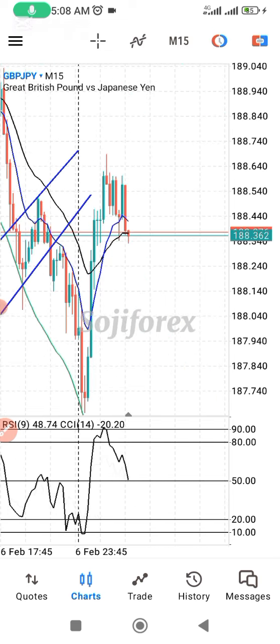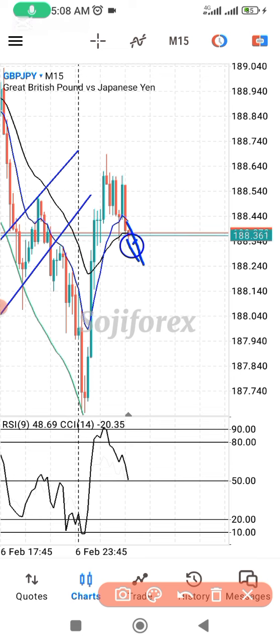So you can see this. Even in this scenario, if this particular formation now closes below this moving average, here is a sell.